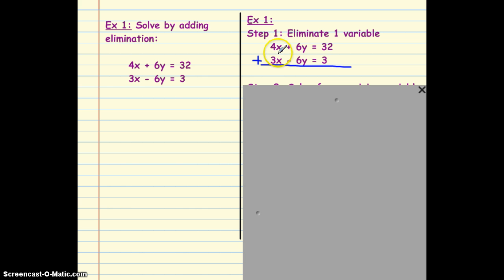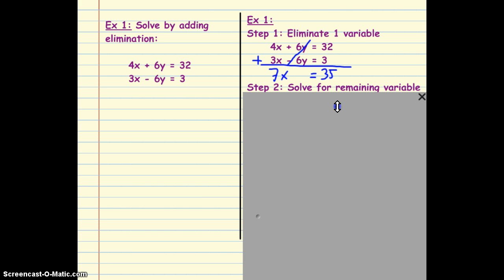So we're going to take 4x plus 3x to get 7x. A positive 6y minus 6y, these cancel out, therefore they are eliminated. Keep our equals, and 32 plus 3 is obviously 35. So now we have the equation 7x equals 35.